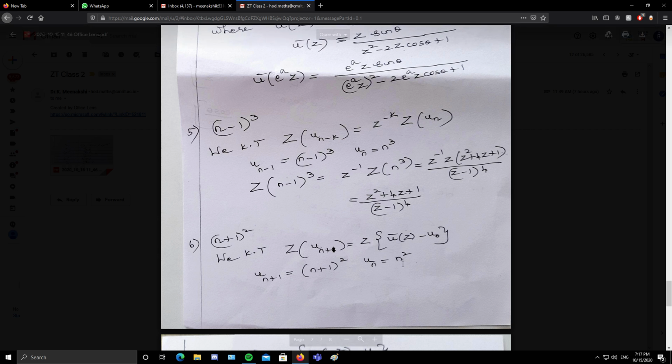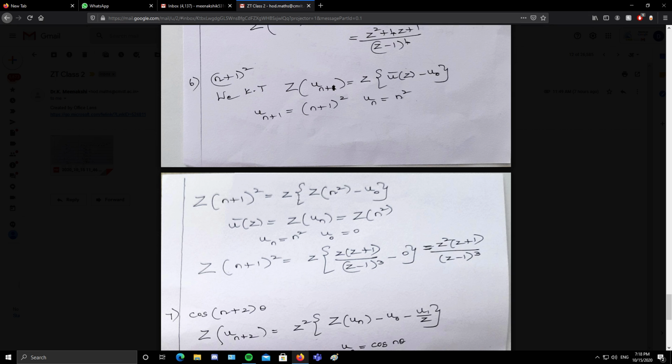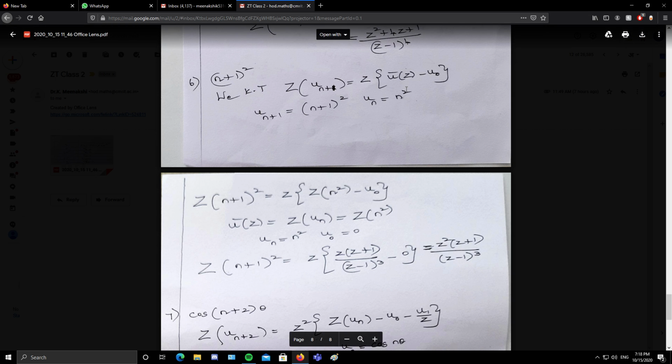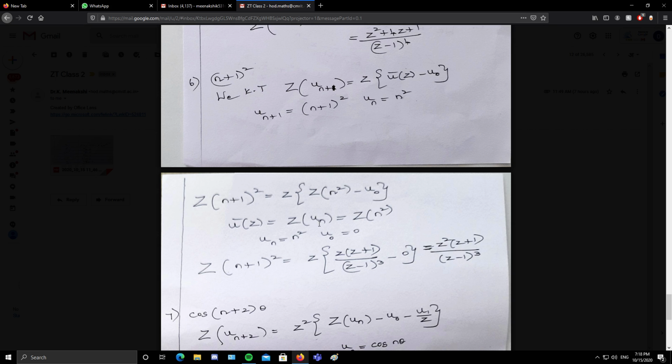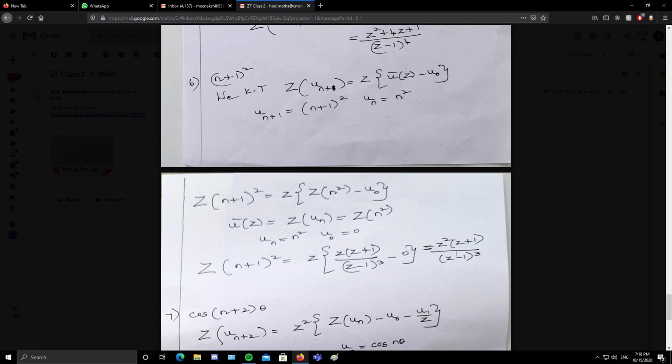U(n), delete 1, so it is n square. So z of (n+1) whole square is z into z of n square minus u naught. So u bar of z is z of u(n). What is u(n) here? N square. What is z of n square? Z into z plus 1 by (z−1) whole cube. If u(n) is n square, u naught is 0. So you have this answer.